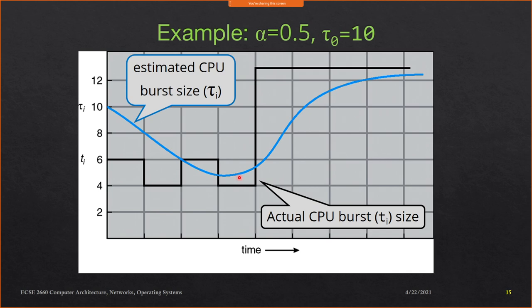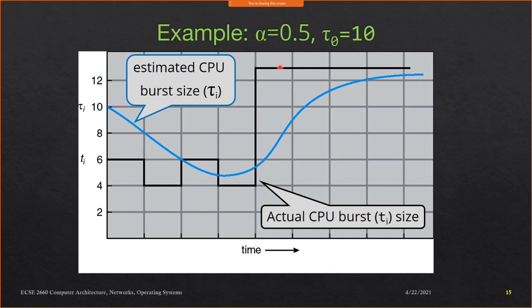But I also see that if there is a very sudden change in the actual data, then it takes time for the predictor to catch up, right? So for example, a sudden jump from 4 time units on actual data to say 13 time units.